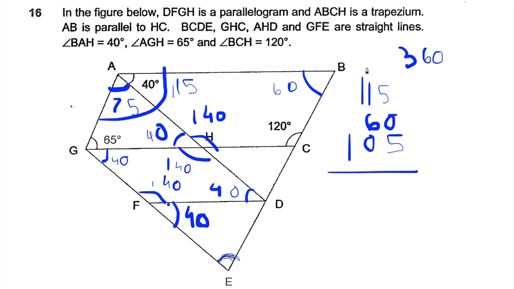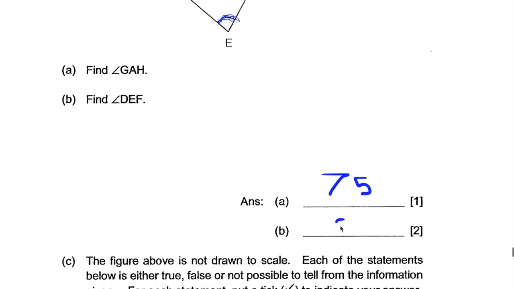So you have to add these up. This would be 10, 2, 8. This would come 8. And this would be 2. So these angles add up to 280. So now we need to find this angle. This is a corner angle. So we have to do 360 minus 280, which will give us the answer 80.